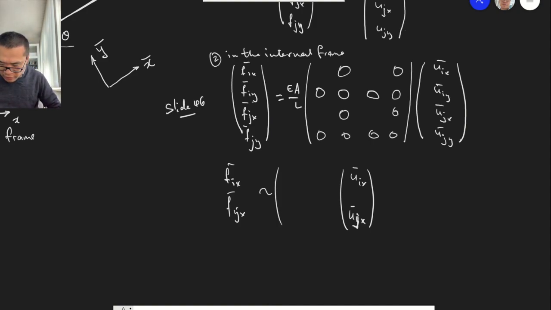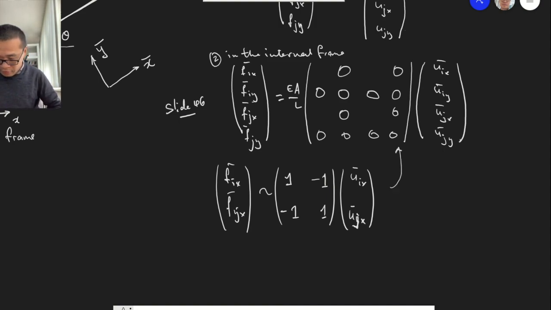And you know from the previous lecture, this has a matrix that looks like this: +1, -1, -1, +1. So you put this back into this, we get 1, -1, -1, 1.